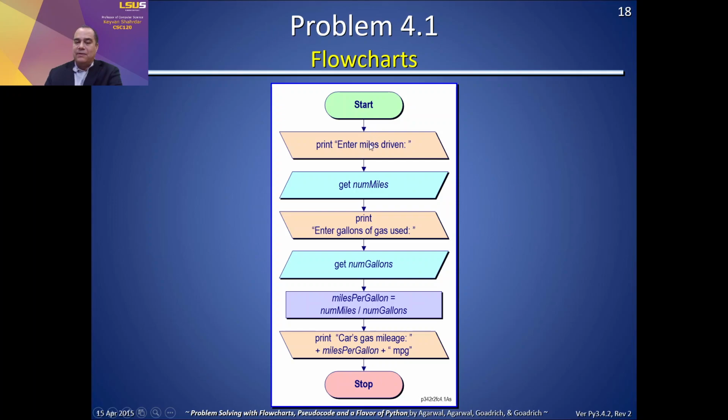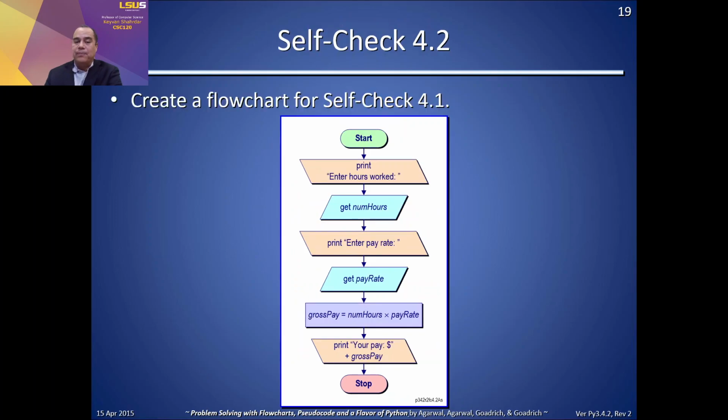This is a rhombus because we're getting information, and then we're printing. This is the output. So this is a rhombus again, and this is an assignment, so that's why it's a rectangle. And then here we print out the information. And remember, you have to have a start and a stop for flowcharts and for pseudocode.